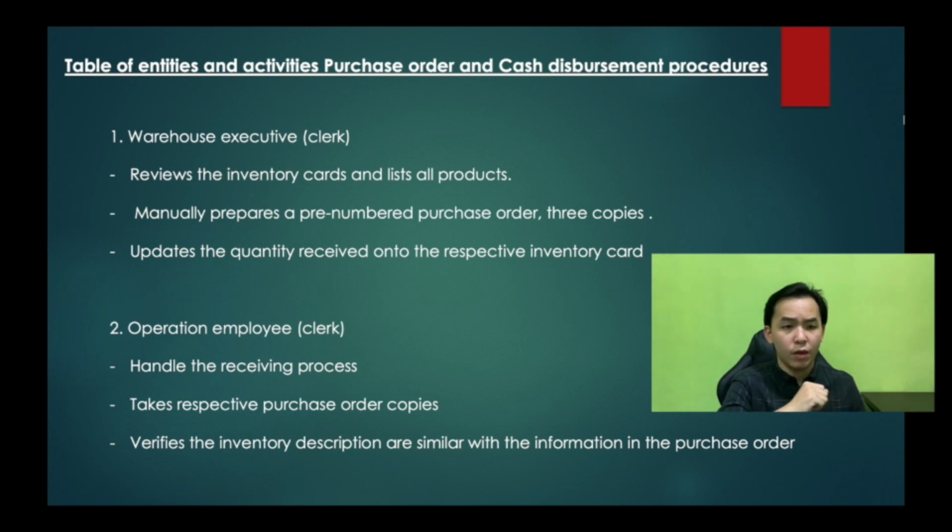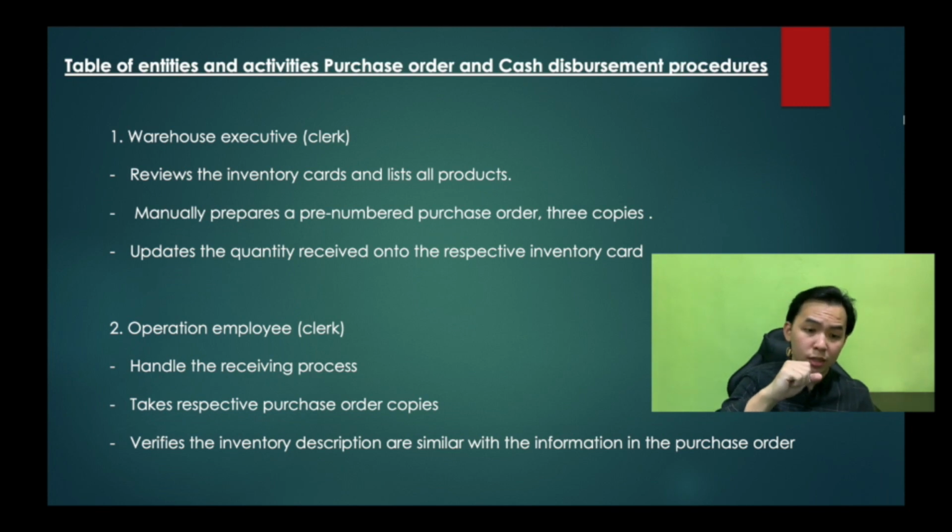For the second entity is operation employee, a clerk. The activities are handle the receiving process, takes respective purchase order copies, and verifies the inventory description is similar with the information in the purchase order.